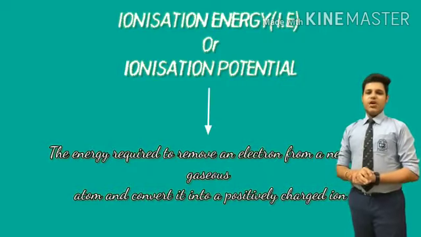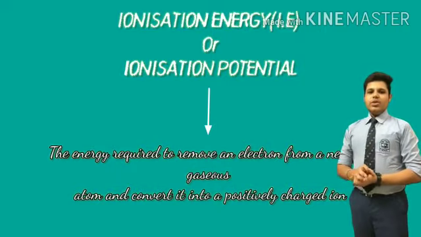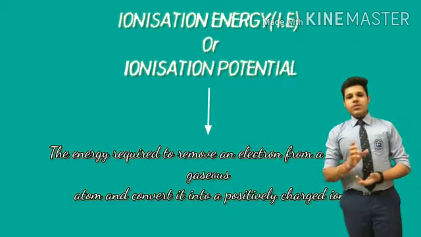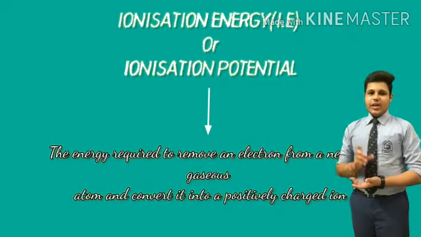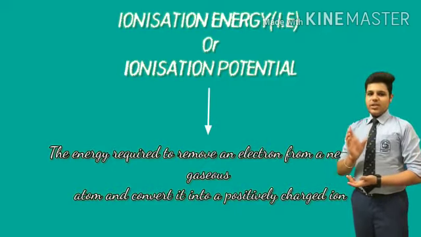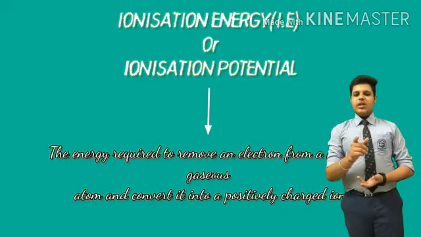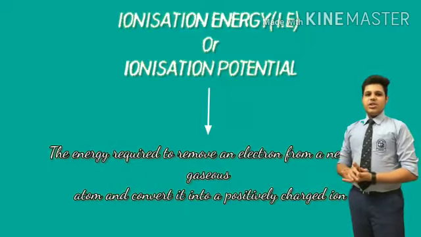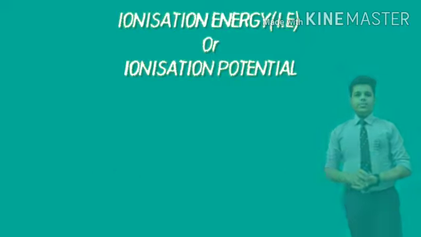This energy is required to remove the electron from a gaseous atom and convert it into a positively charged gaseous ion. It is a gaseous ion because we have a gaseous atom.